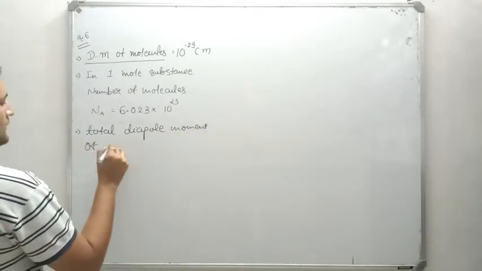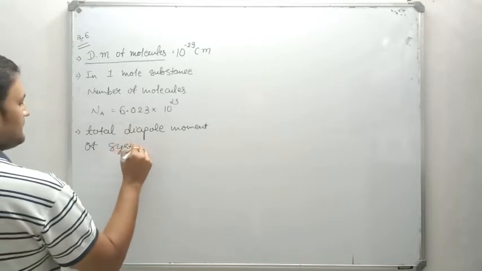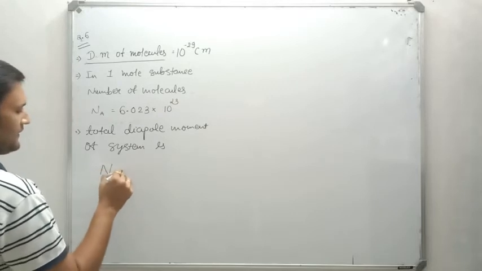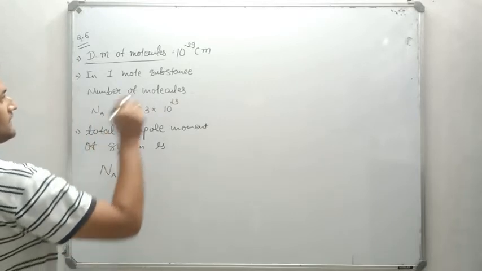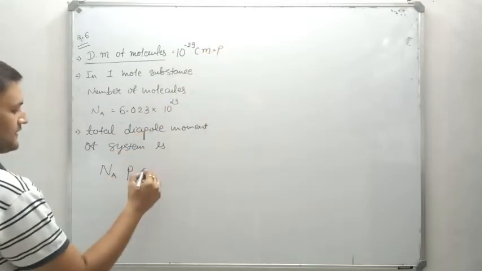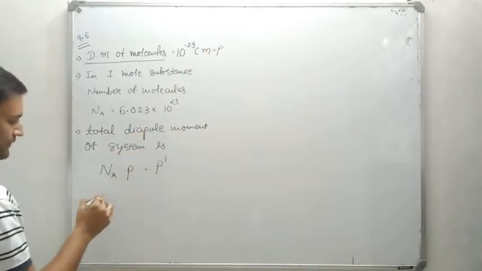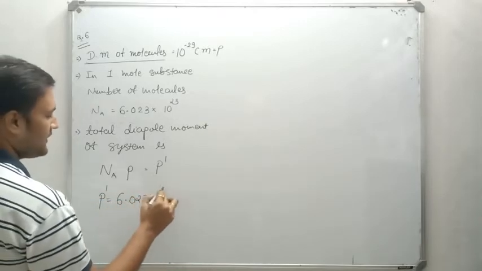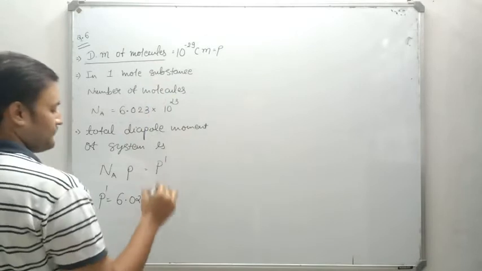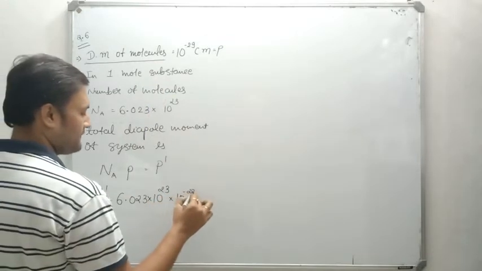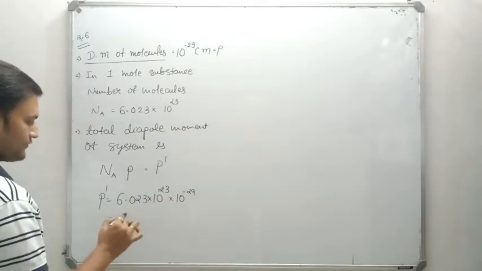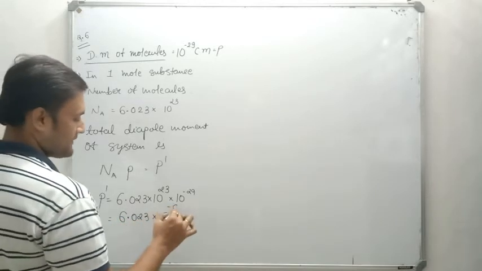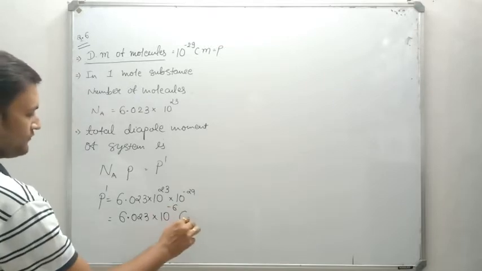So the total dipole moment of the system is very simple: Na into small p. This is the small p, and here we get p dash. So p dash is equal to 6.023 into 10²³ multiplied by 10⁻²⁹, that is 6.023 into 10⁻⁶ coulomb meter.